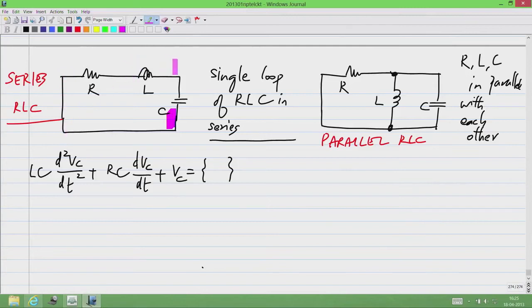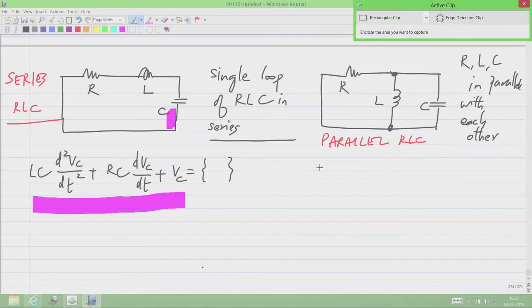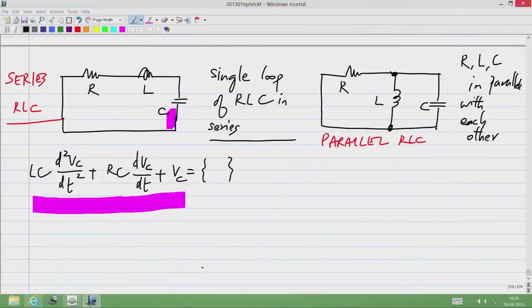Now, like I said, you could have the input as a voltage source or a current source or something else. As long as the null circuit reduces to this, the left hand side of the equation will be of this form for any variable. Similarly, if the null circuit reduces to a parallel RLC circuit, the left hand side of the differential equation will be of the form LC second derivative of the variable.